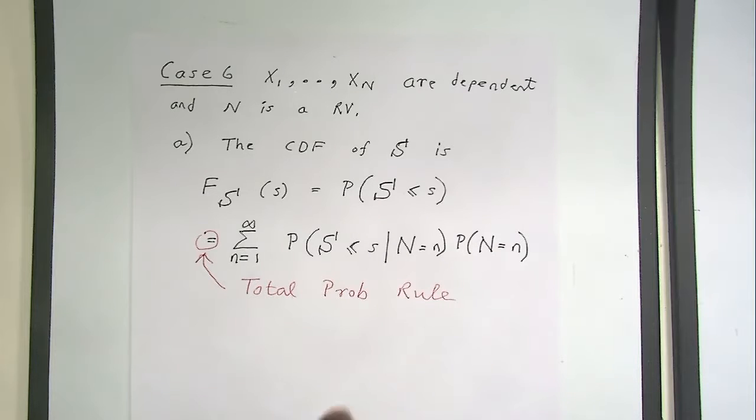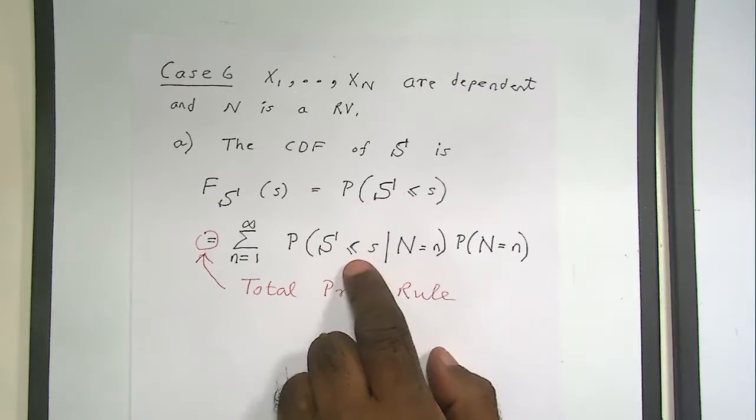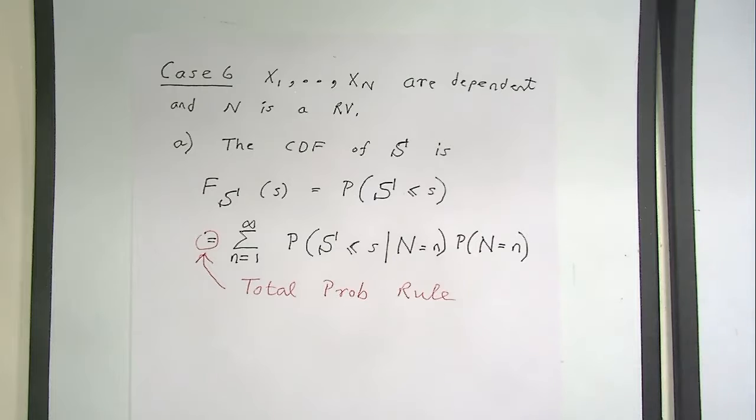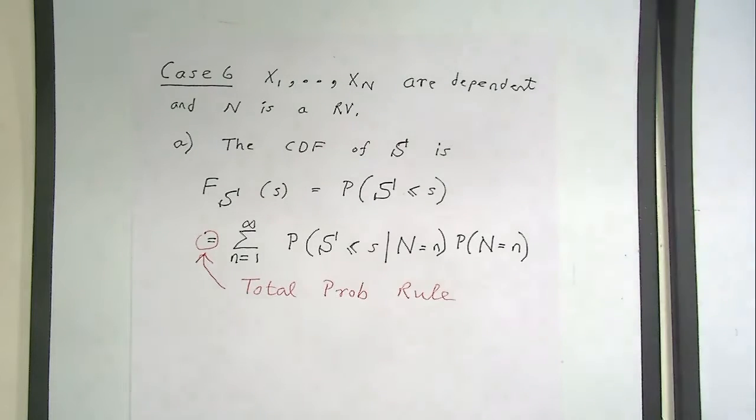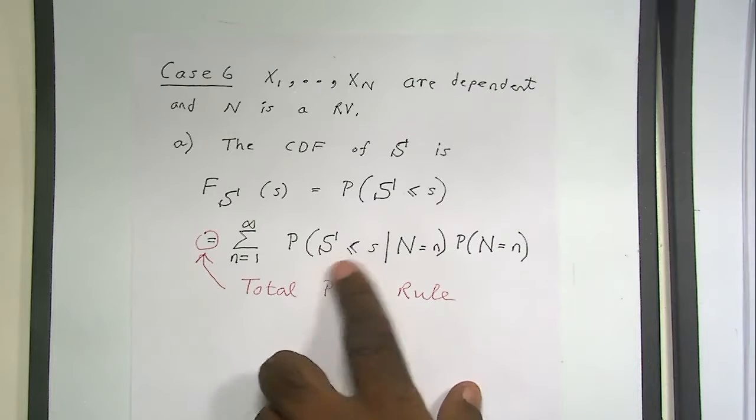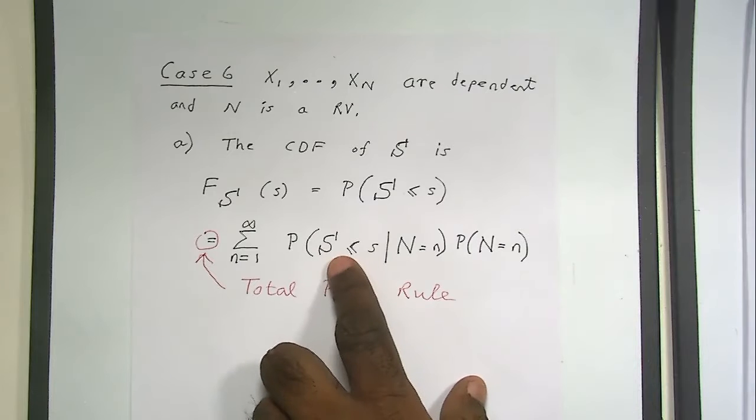Okay. Now this conditional probability here is exactly what we got a few minutes ago. Remember this. This is the formula that we got when the number of investments is fixed, right? So this conditional probability here is the same as this formula here.